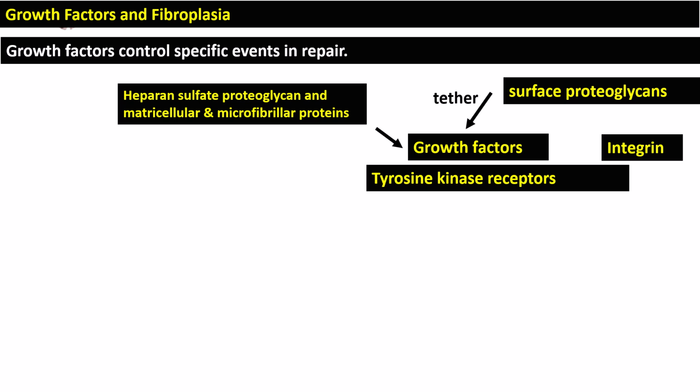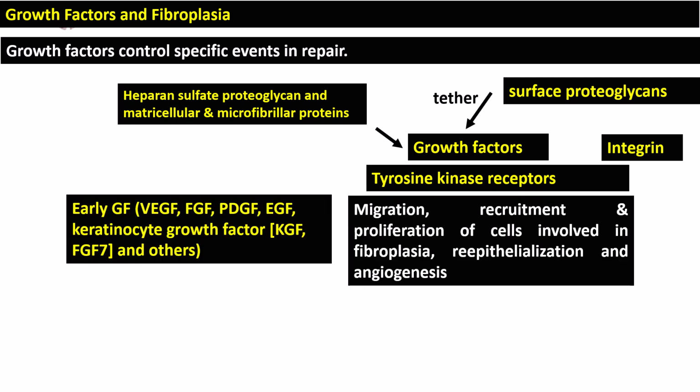They drive cell migration and proliferation and also coordinate extracellular matrix deposition and remodeling, as we have earlier seen. There is balance in the healing process via both activation and termination. More than 20 growth factors have been identified, such as epidermal growth factor, VEGF, FGF, PDGF, transforming growth factor, keratinocyte growth factor, and insulin-like growth factor, and they are usually redundant.